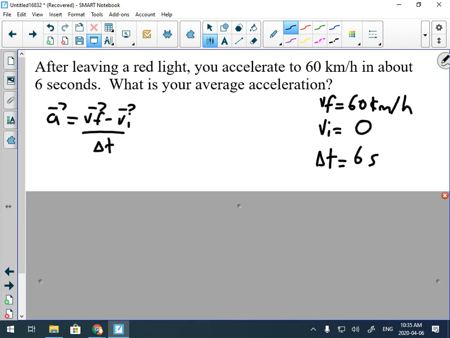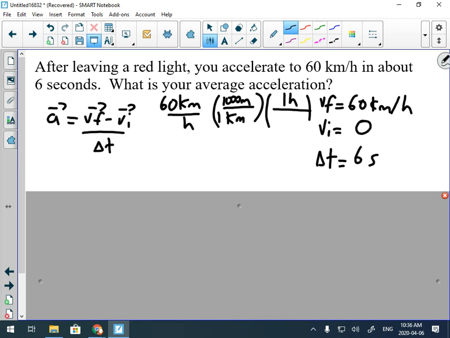Okay, so we have to do a little bit of conversion before we can throw our numbers in there. We have to convert 60 kilometers per hour into meters per second. Okay, so let's set up our ratio. In 1 kilometer, there's 1,000 meters.